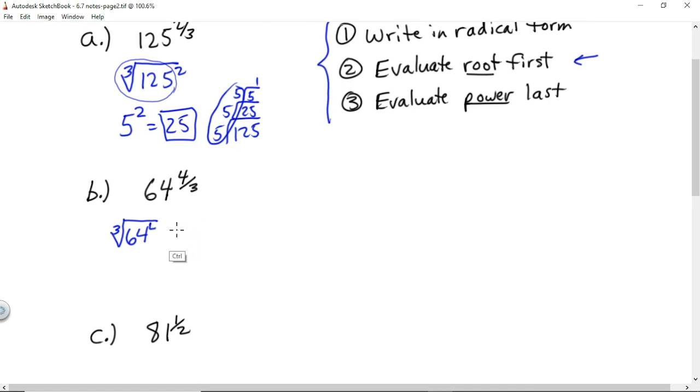And let's see, we evaluate the root first. So we might sort of circle that to show we're doing that first. The third root of 64, you may know this one. We've done that quite a few times, right? But if we take the 64, we're going to get a bunch of 2's here.